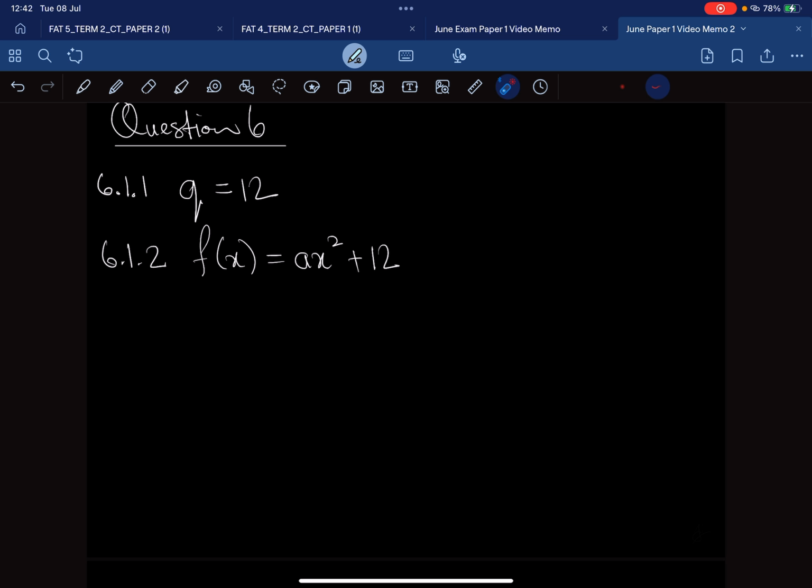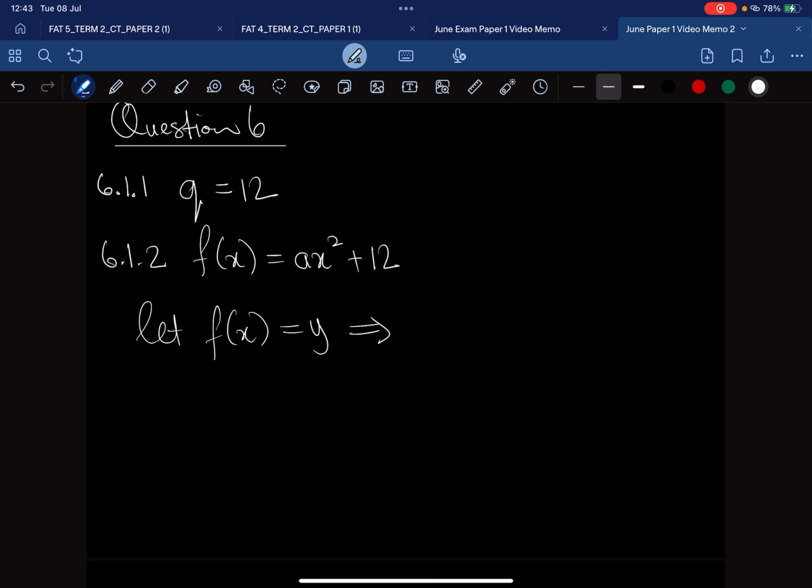Now that means I need to find the value of a. And remember we mentioned at some point previously that when we are dealing with calculations of parabolas, straight lines, hyperbolas, whatever graph, even though the function notation, f of x, g of x, h of x, is useful for many reasons, when we are dealing with the equation itself and working out different values, we are going to let f of x equal y, because f of x is y, right?